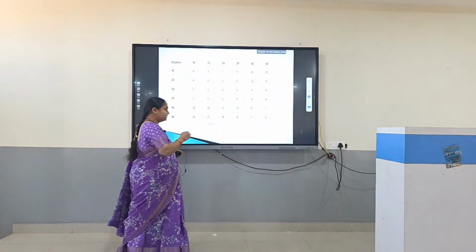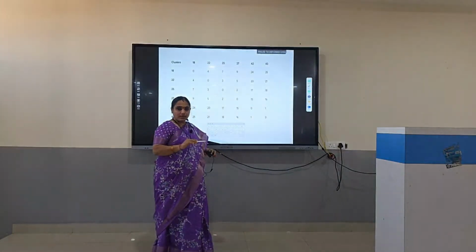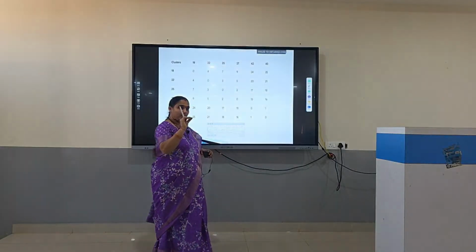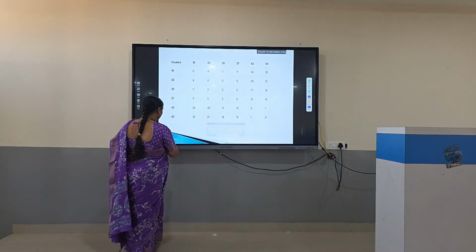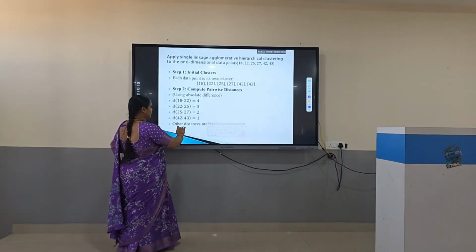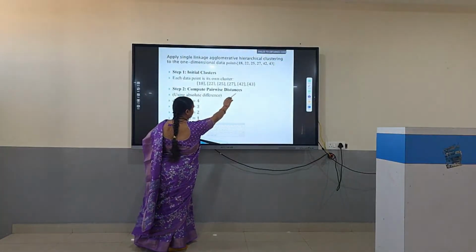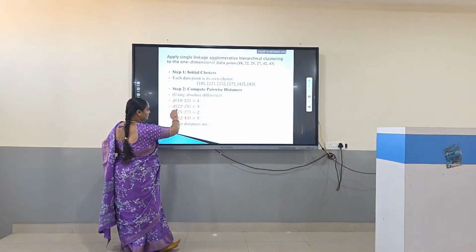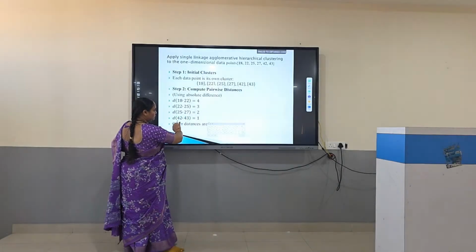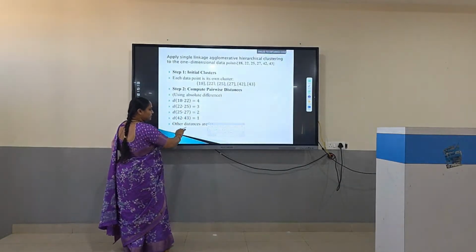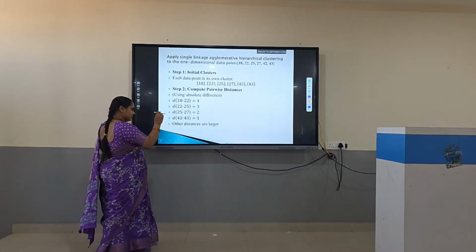Then whenever I am combining, which value do I need to place? 40 to 43. These two you combine and categorize as one cluster. So using pairwise distances, 18 to 22 is 4, 22 to 25 is 3, 25 to 27 is 2, 40 to 43 is 1. Now we are going to the single linkage.